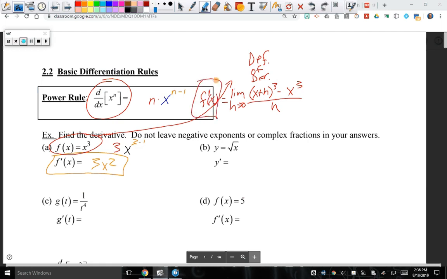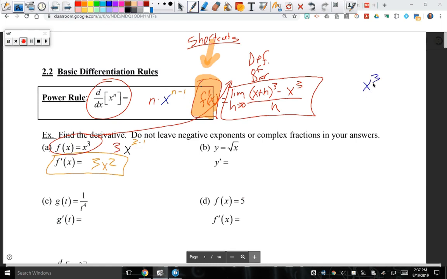Okay? So this derivative, the shortcuts are what we begin to learn today, so that we don't have to do all of this work. Okay? The alternative form would be, in this case, f of x minus f of c over x minus c as x is approaching c.